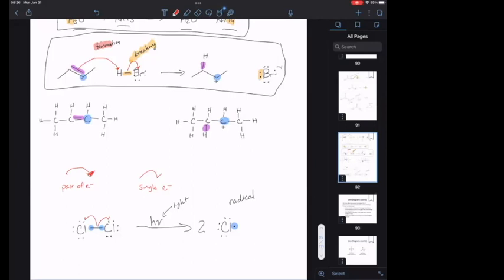Again, a super special case scenario to form these radicals, which are highly reactive species. But actually, when we start talking about alkanes, our first functional group that we're going to learn, they're not really reactive molecules, and the only thing that they really react with are these radicals. So this is going to be something that we hit first, even though it is, again, a rarity in terms of all the chemical reactions that occur.